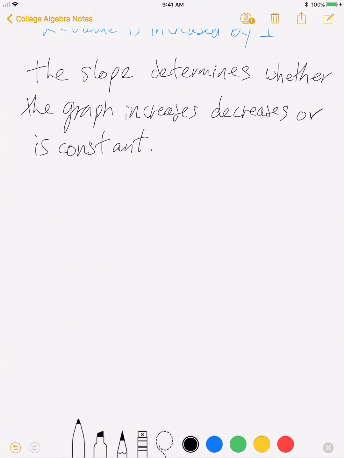There is one special time, and that is if the graph is going straight up or down, then there is no slope. The slope is undefined in this scenario right here. We'll get to that a little bit later on. This right here is what we would call a vertical line.